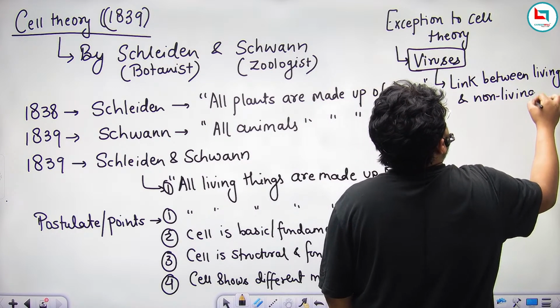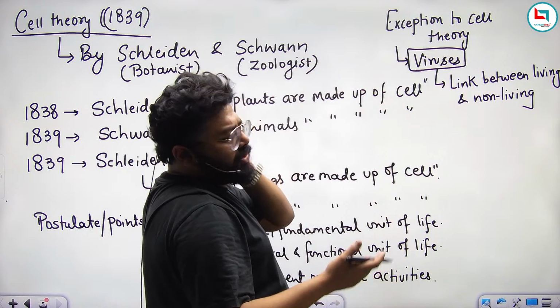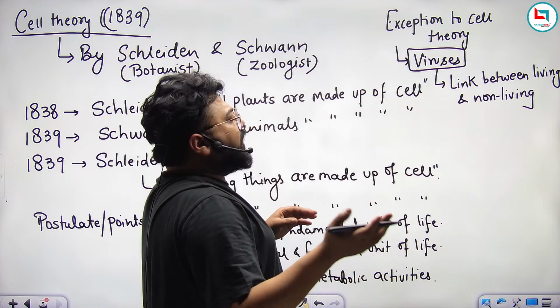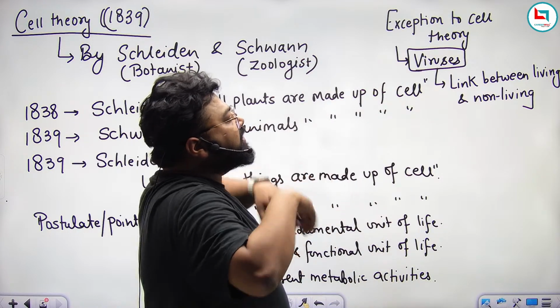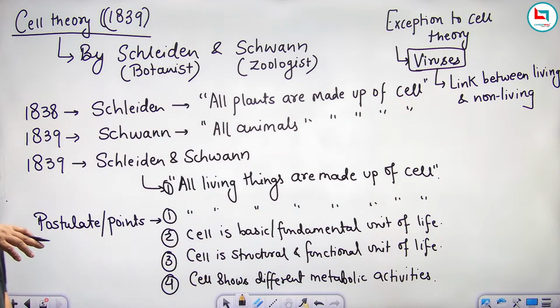Outside the cell or outside the host body, viruses are non-living things, and inside the host body or inside the cell, viruses are living things. So these are the exceptions to the cell theory. Viruses never follow cell theory, they are not cells.